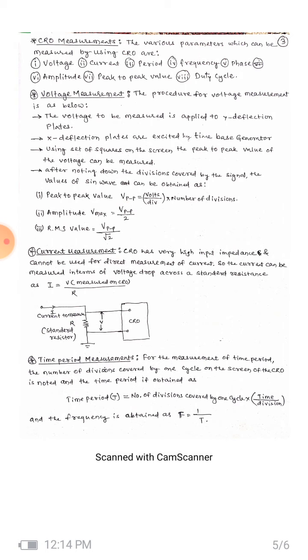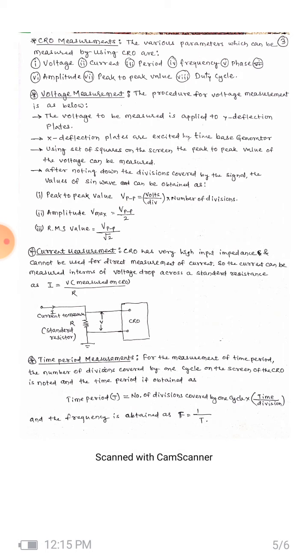The voltage being measured is applied to the Y deflection plates, and the X deflection plates are excited by the time base generator. By using the set of squares on the screen, the peak to peak value of the voltage can be easily measured, and after noting the divisions covered by the signal, the sine wave value can be obtained.